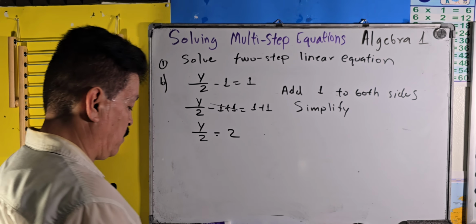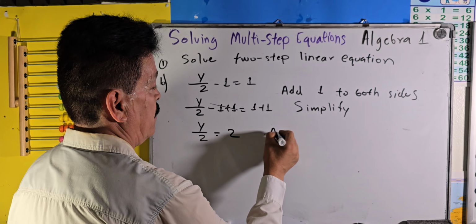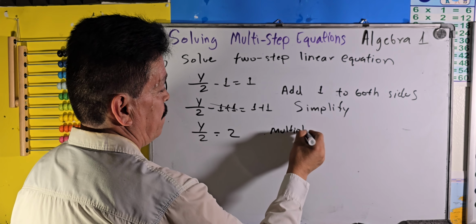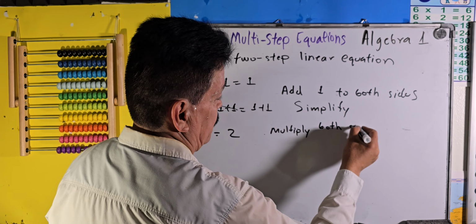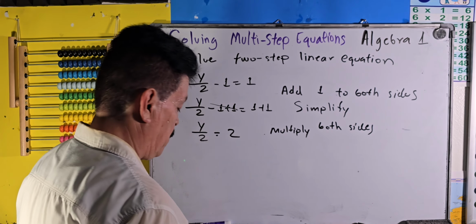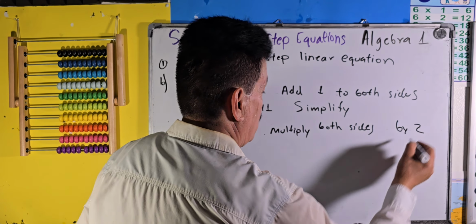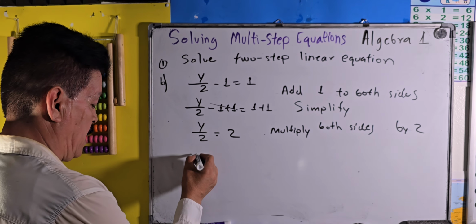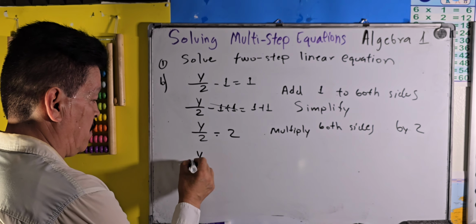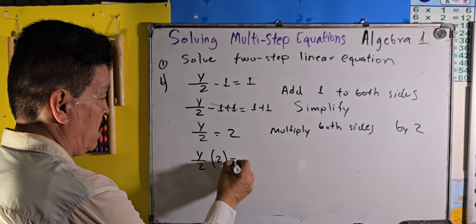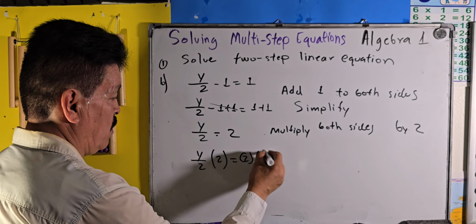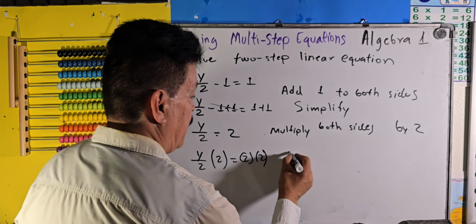So now we have to multiply both sides by 2. So we will have y divided by 2 times 2 equals 2 times 2. So simplify.